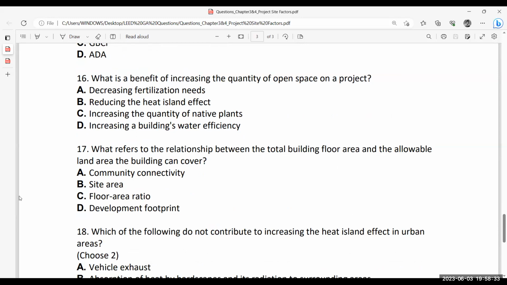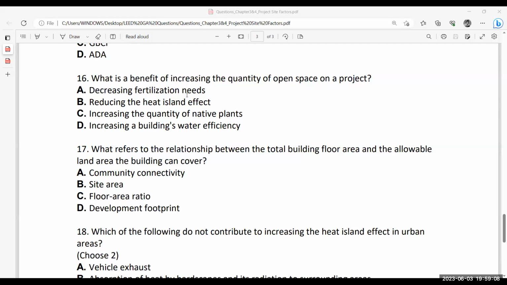A, community connectivity; B, site area; C, floor area ratio; D, development footprint. Okay, I can see a C, right? So the answer is floor area ratio.